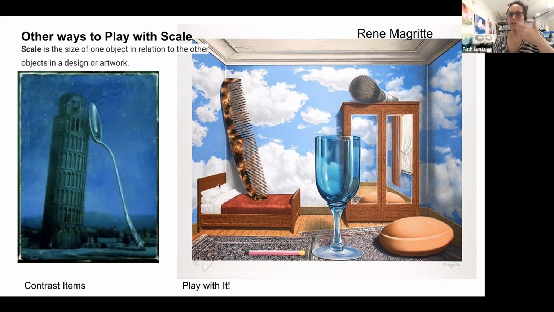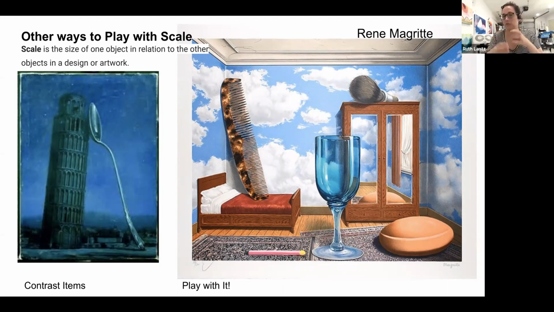And then in this image, by enlarging the comb and enlarging the shaving brush and enlarging the wine glass, you're really playing with hierarchy.